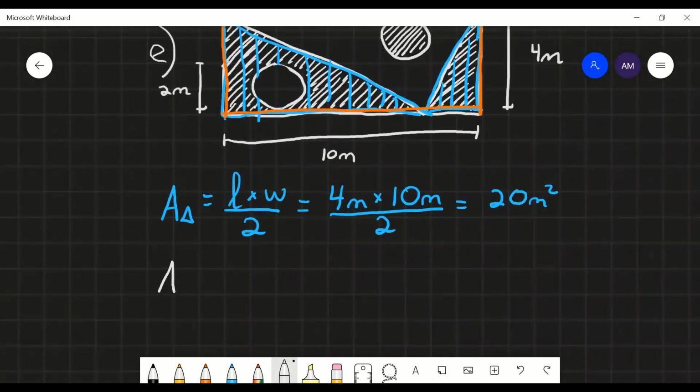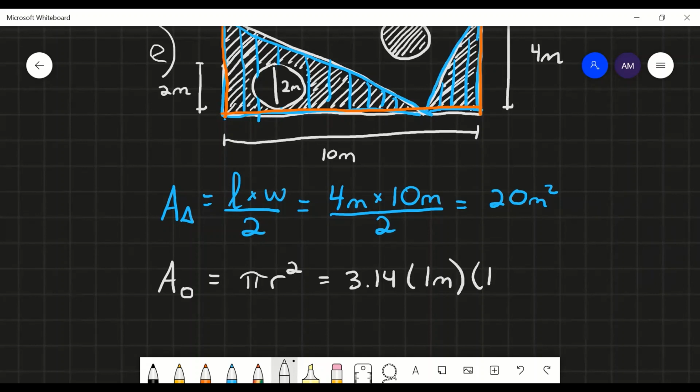So the area of the circle would be pi times r squared, and we said the diameter here was 2 meters. That means the radius is half of that, so it's 1 meter. So pi is 3.14 times 1 meter times 1 meter. Well, 1 times 1 is just 1 anyways, and then 1 times 3.14 is 3.14, and then you have meters squared.